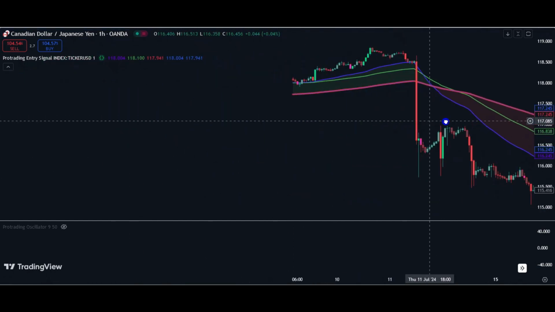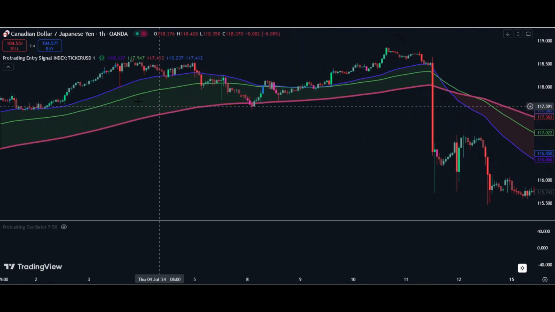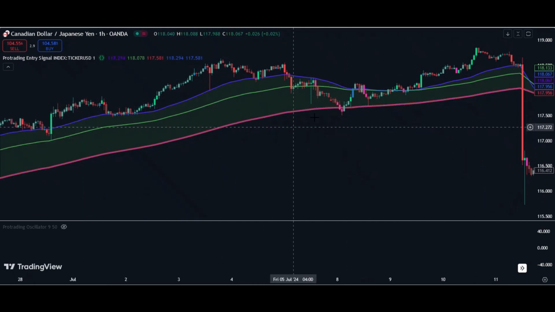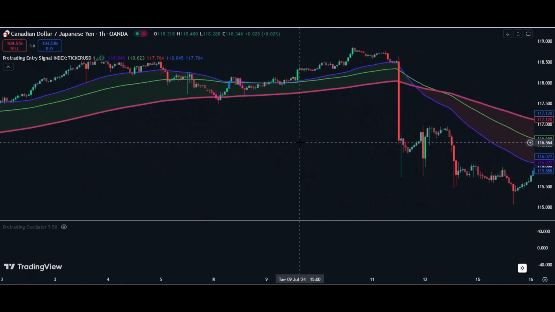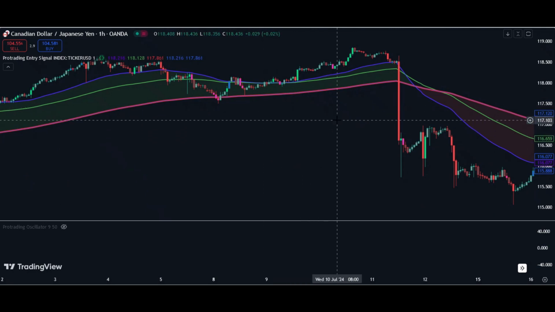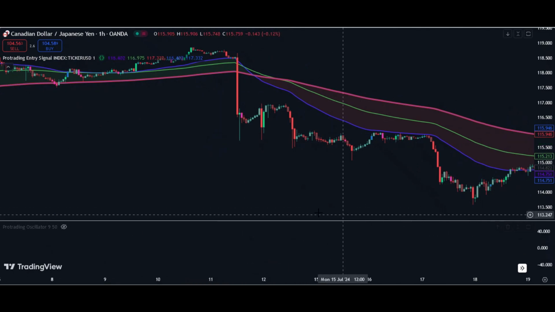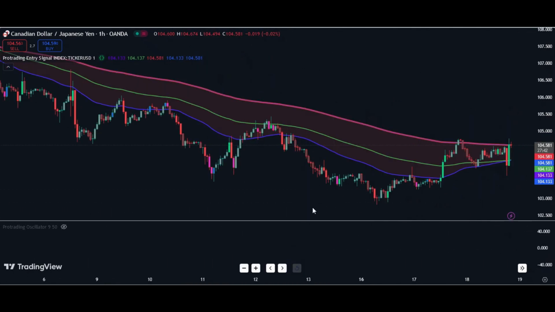And when the price is trading above the indicator, this gives you a clear direction that you are currently in an uptrend. This is the biggest thing that you need to identify in every market, in every asset class which you intend to trade at any particular point in time.